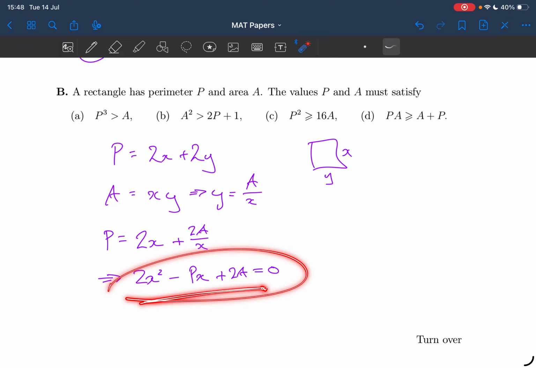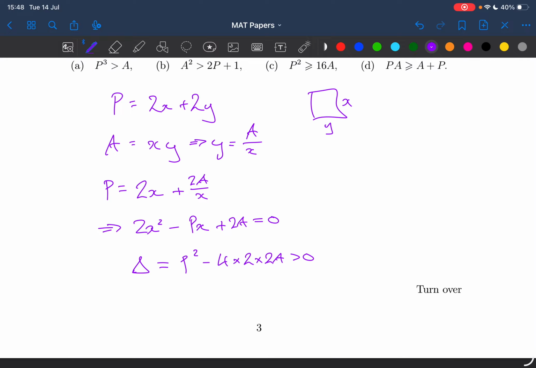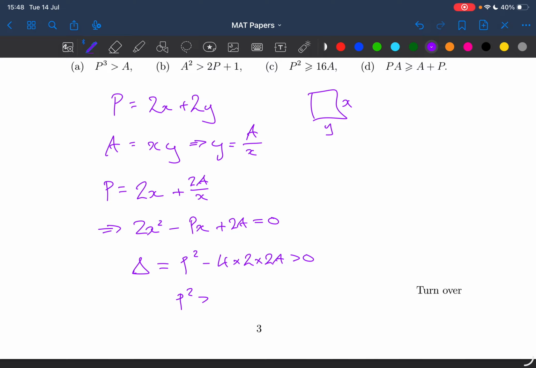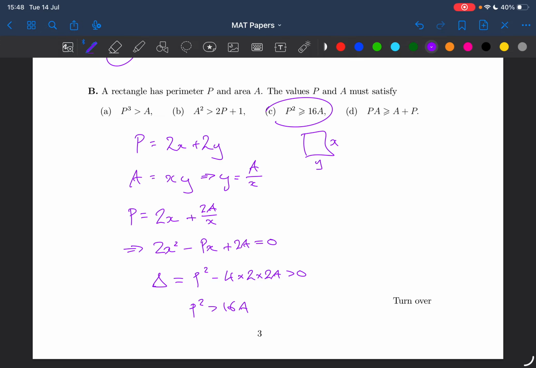So we should have the discriminant be positive. So the discriminant p squared minus 4 times by a, which is 2, and times by c, which is 2a. That needs to be positive. So what we have, p squared is bigger than 16a. And well, it's bigger than or equal to.